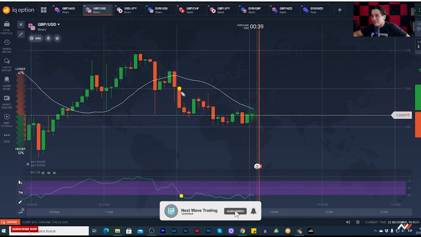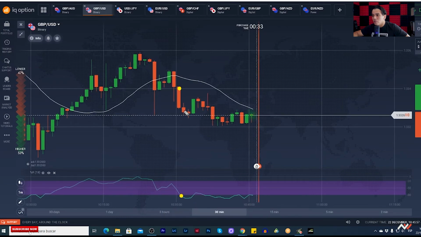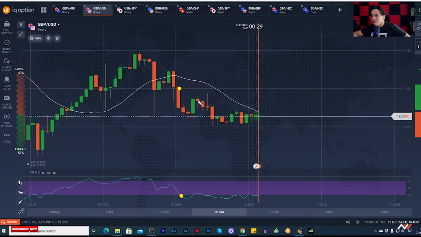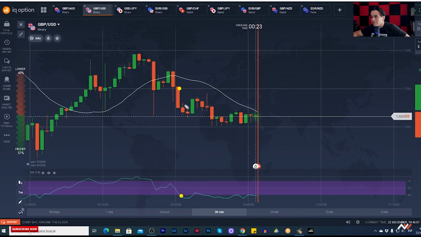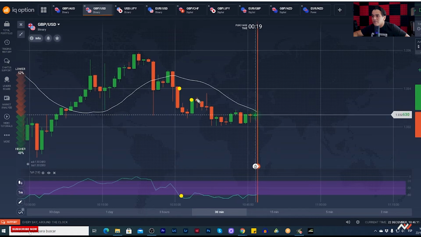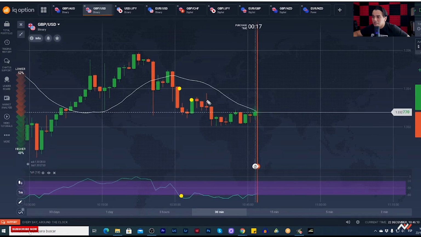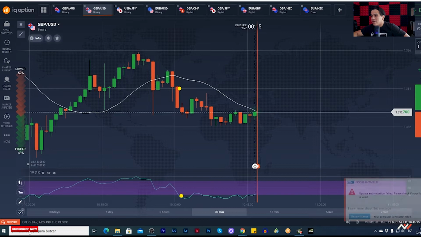So we enter on this candle, and we have it in the money. 1, 2, 3, 4 in the money. And there's a little reverse and then it goes again, because going again we can enter for another 4 minutes here after this reverse. You see this reverse, we can enter for, I don't know, 3 minutes or 4 minutes, and we can have another one in the money.